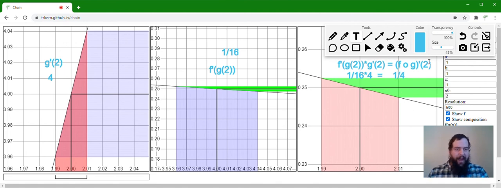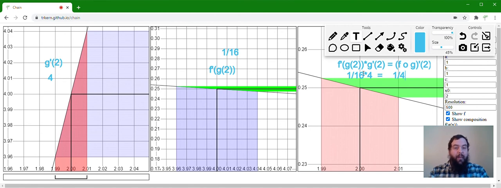So that's our f of g prime of 2. We see that the size of this interval here gets multiplied by 1/4 to give us the size of this interval here, and we interpret that multiplier as being the derivative of this graph here. This graph, again, remember, being the composition of our two functions, f of g.